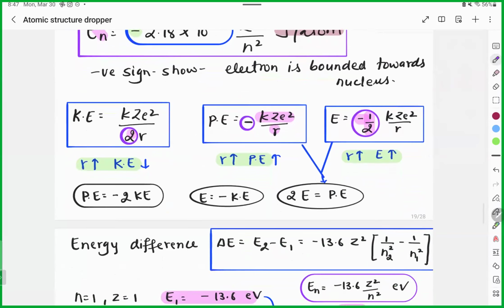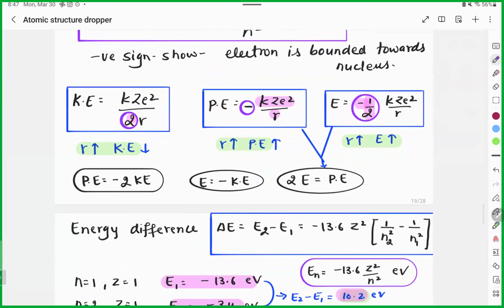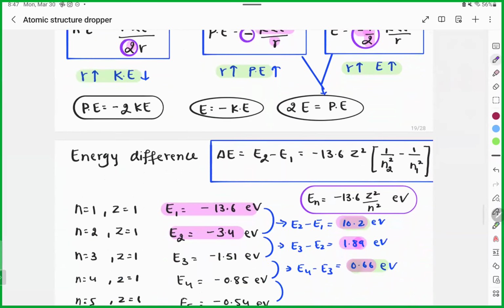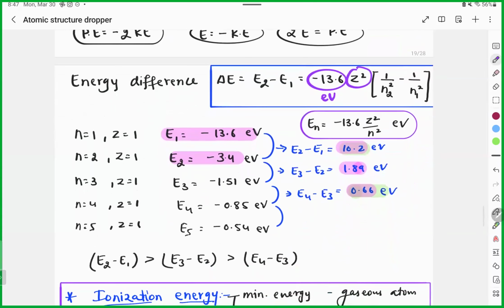Okay. Energy difference we calculate: minus 13.6 electron volt z square, 1 by n1 square minus 1 by n2 square, if you want to see the energy difference.